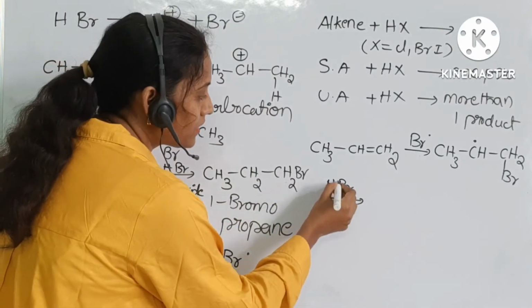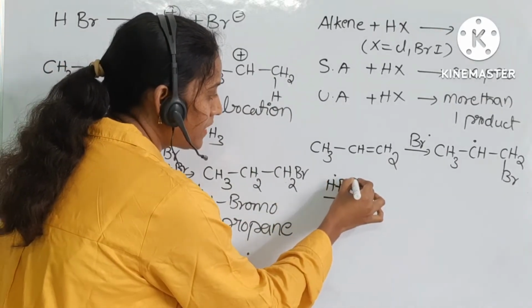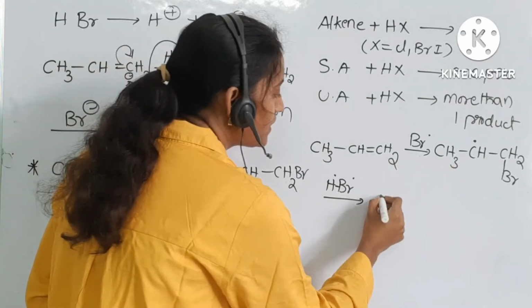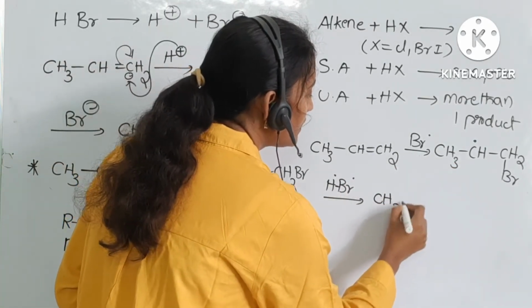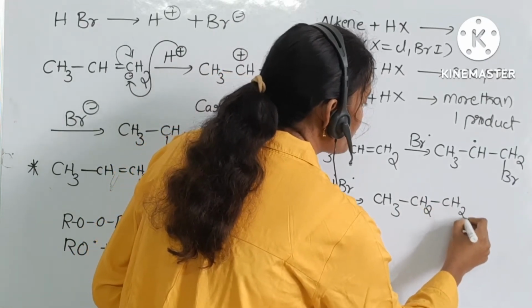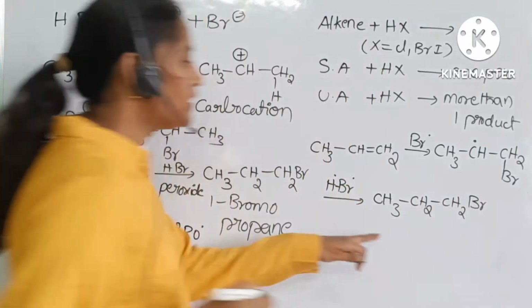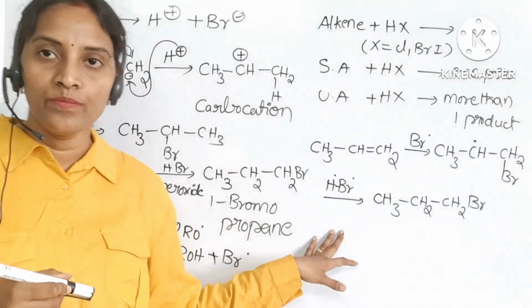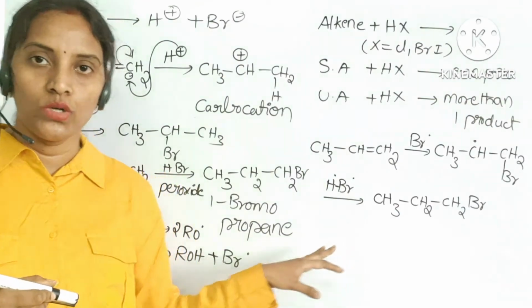Then here also H radical and Br radical. This H radical attacks this middle carbon atom. Then it gives you 1-bromopropane. This is the 1-bromopropane. This is anti-Markovnikov's rule.